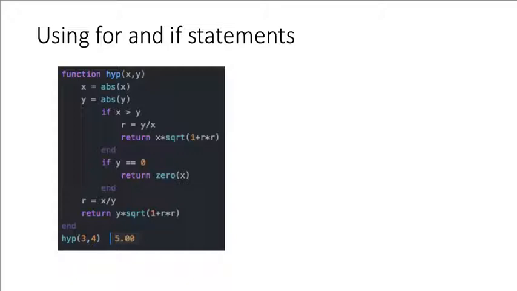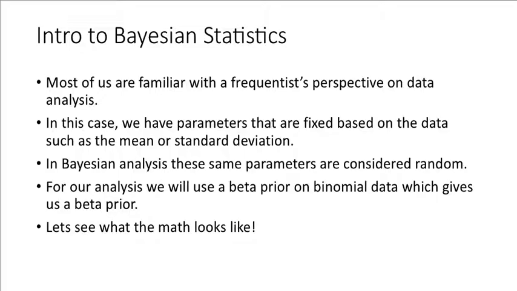And you will see how we use if in the return function when we do the Bayesian statistics concerning the binomial model. So a little intro to Bayesian statistics. Most of us are familiar with a frequentist perspective on data analysis, where we have data and then we just find a mean and a standard deviation, a single value, and we're supposed to take that from the data. But in this case, we have parameters that are considered random.